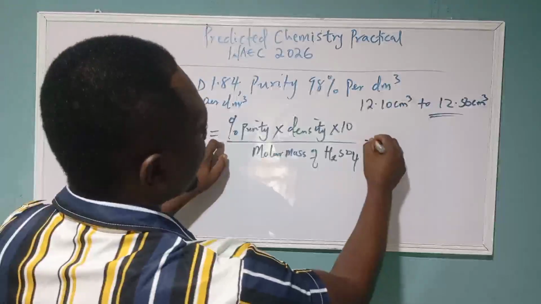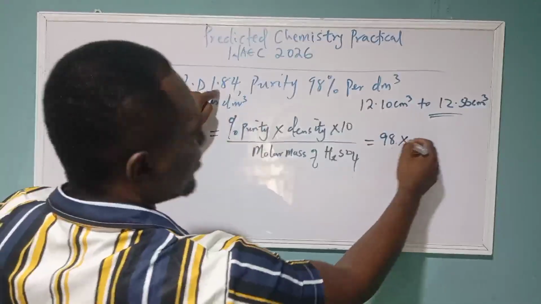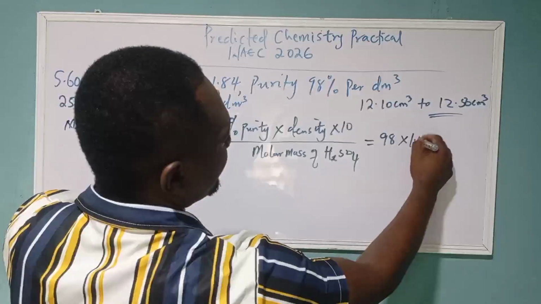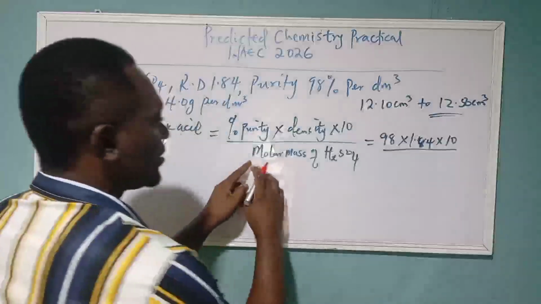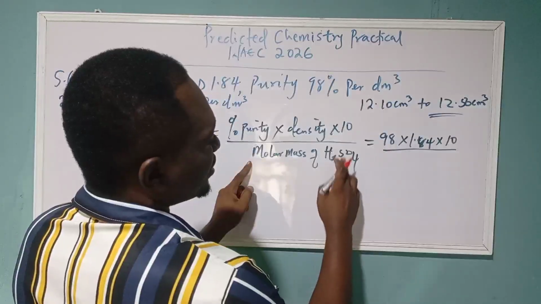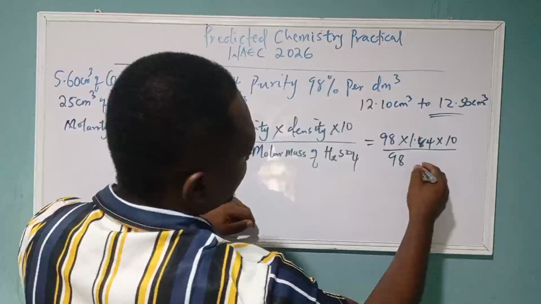Giving the values here, the percentage purity is 98, times density 1.84, times 10, all divided by the molar mass of H2SO4, which is 98 grams per mole.